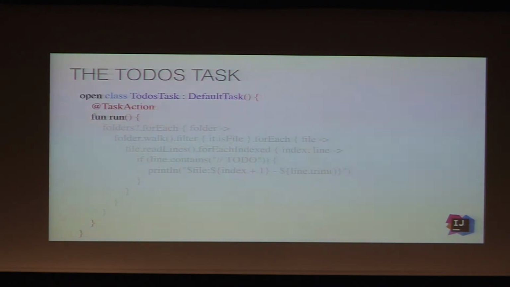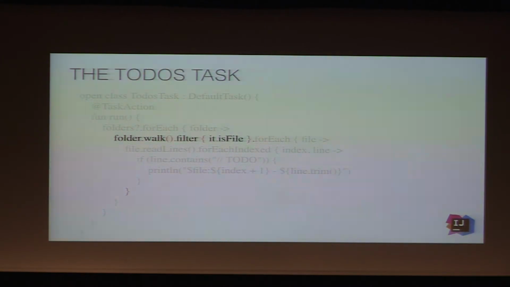And then we're going to have a function called run. The name is not important. The important thing is that we have an annotation, TaskAction. This is the main code of the task. And here we're going to go, we received all the folders, as we saw previously, and we're going to go through every folder. We're going to walk in it recursively. This function walk gives us all the folders and the files under the current folder we're on.